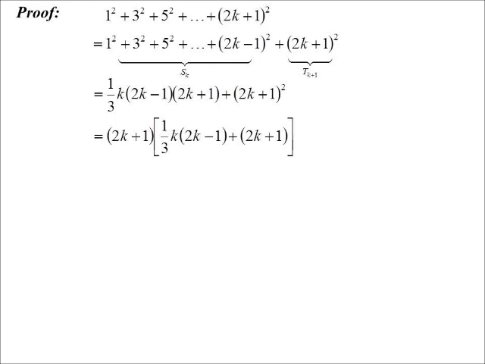So if I take out 2k plus 1, I've got a third k, 2k minus 1, and 2k plus 1. And that's going to be a lot easier to work with now, because that's just a quadratic that I'm going to end up factorising. But in fact, there actually is another common factor there, which you might not see, and that common factor is 1/3. I can pull out the 1/3 as well, but that means the 2k plus 1 is now 3 times 2k plus 1.